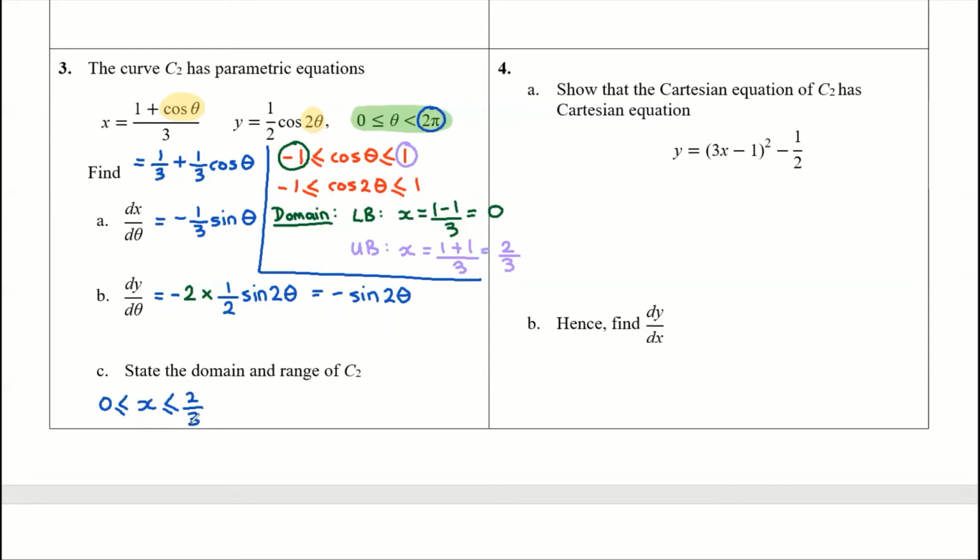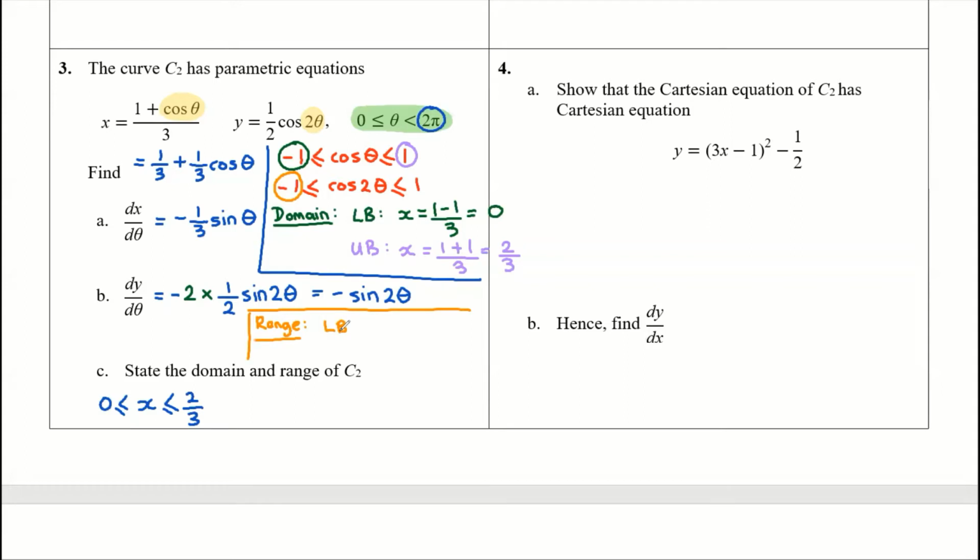All right. Now for the range, we can use a similar argument. So for the range, we just apply the same restrictions, but on the y value this time. So if we start with -1, and I realize I'm running out of room, so I'm just going to do it down here. So for the range, let's do the lower bound first, is -1.